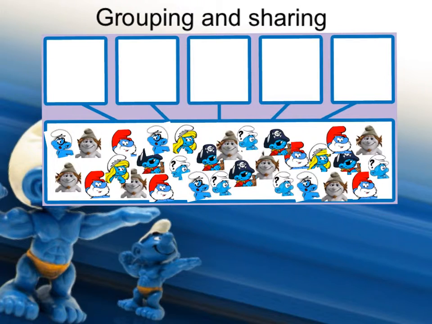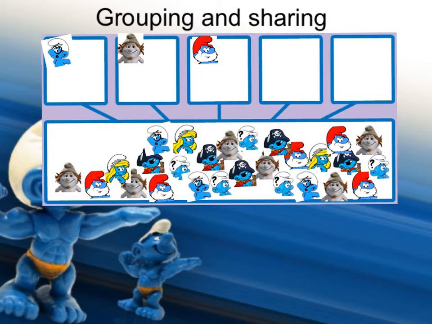Now I'm going to work the opposite way and show you a division number fact sentence. So down the bottom here I have 30 Smurfs, and what I'm going to do is share these Smurfs among the small parts of my picture here. So let's have a look how we could work out the number of Smurfs that go into each group. So if I put 1 here, and I keep on just delivering 1 to each box.